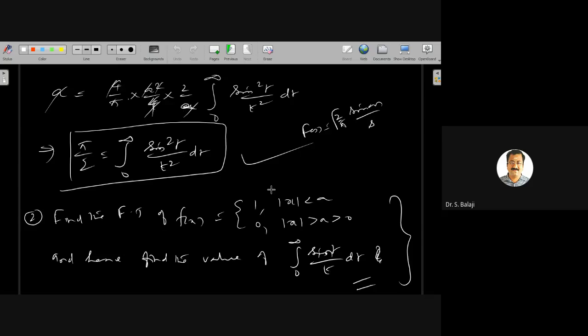Yes, all of you, please check your answers. Are you getting the same answer or not? Your Fourier transform is root of 2 by pi, sin as by s.